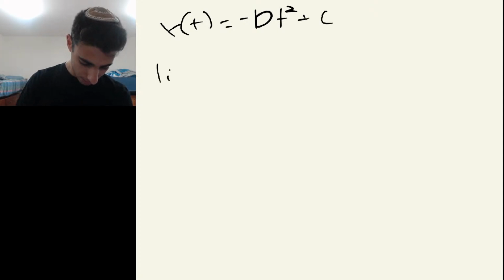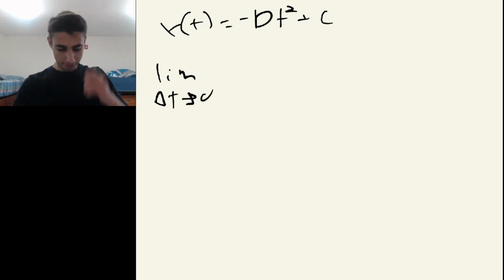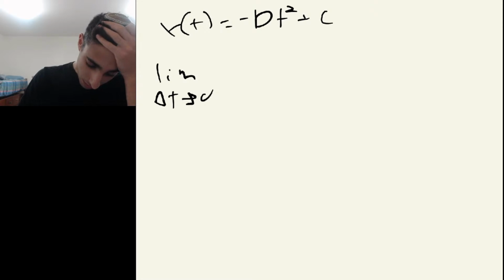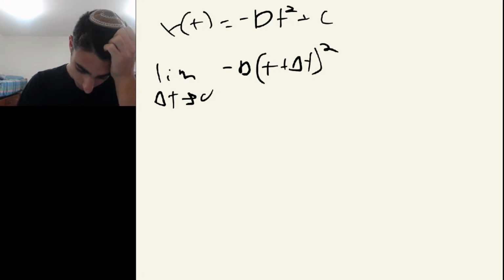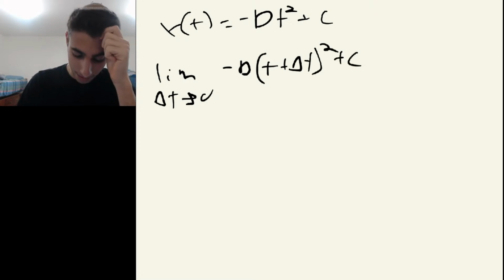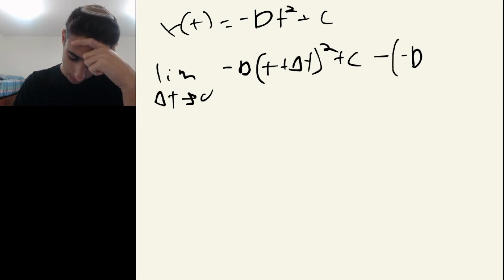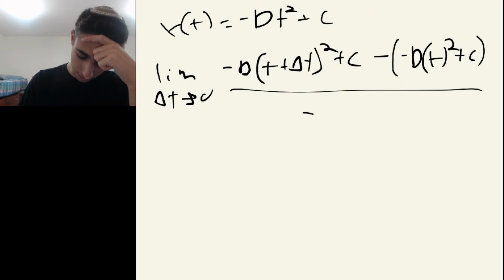The limit as delta t approaches 0 of negative d times t plus delta t squared plus c, minus negative d times t squared plus c, all of that over delta t.